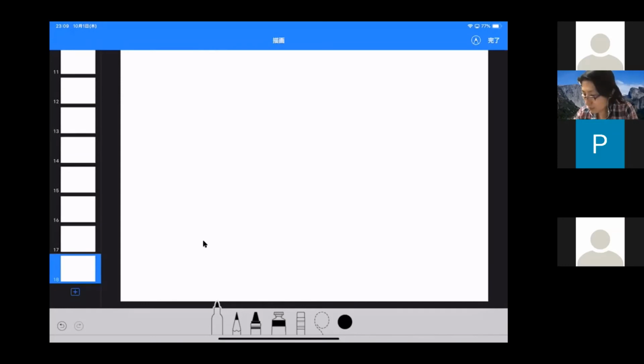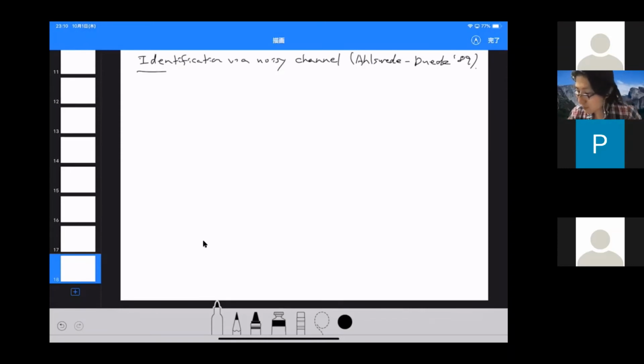Okay, so next, let me move to the problem of identification via noisy channel. Okay, so in this formulation, again, we have two parties and they have n-bit inputs.